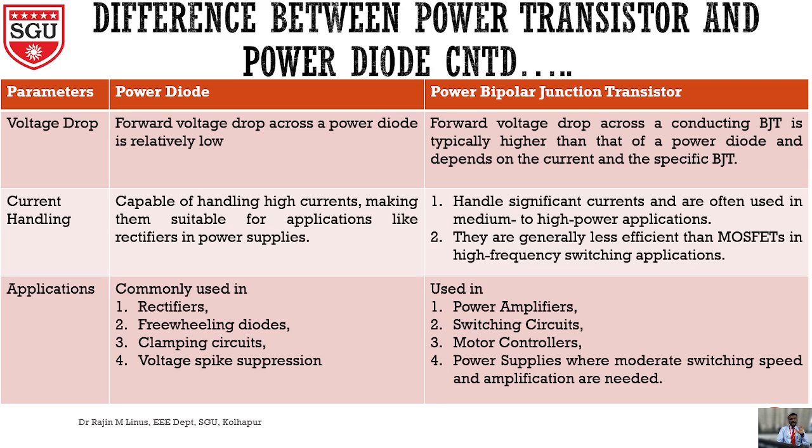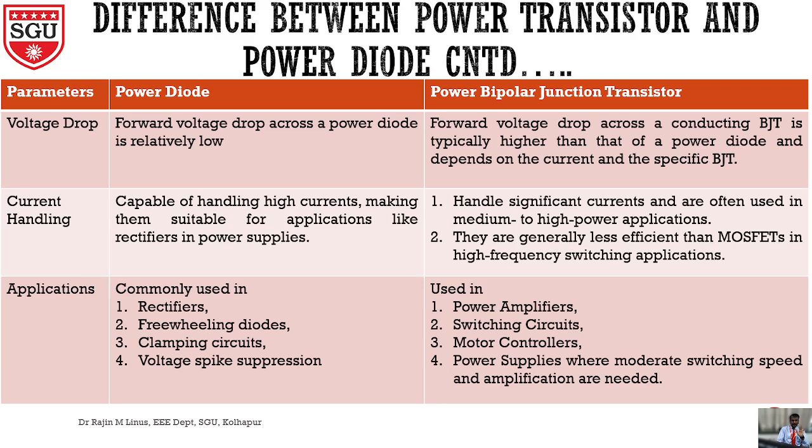Then current handling capacity. The power diode is capable of handling high current. Especially it will be used for rectification of high power supplies, AC to DC conversion and so on. The power bipolar junction transistor also handles significant currents, so it is normally used for medium to high power applications.